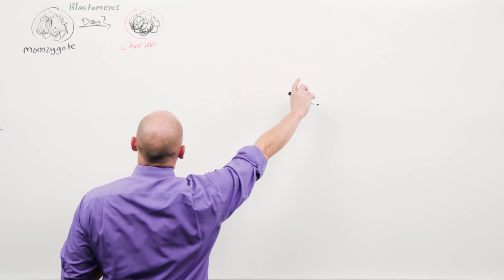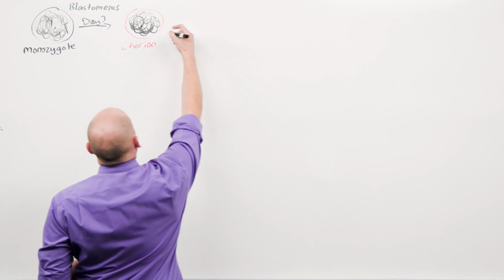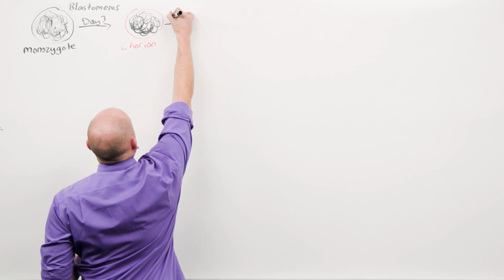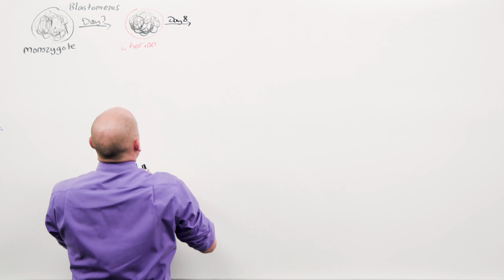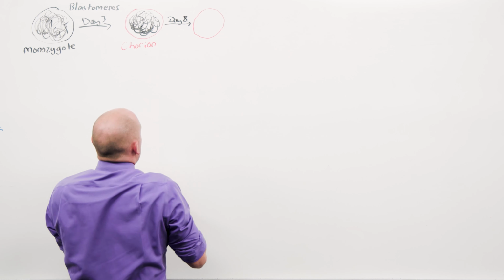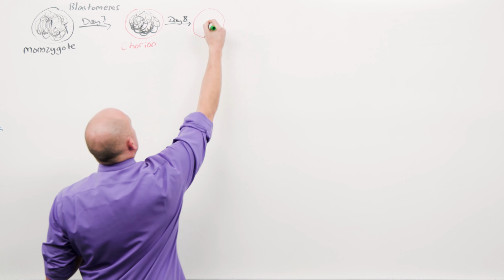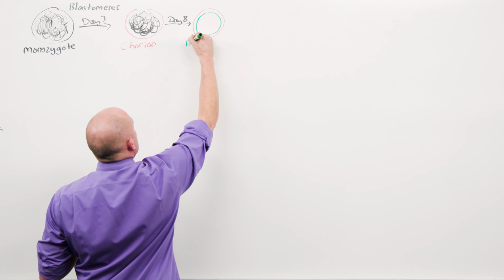We're going to go normal singleton left to right, and then we're going to go twinning down the board. Day 8, the chorion had already differentiated. Differentiation from the outside in. Amnion differentiates next.